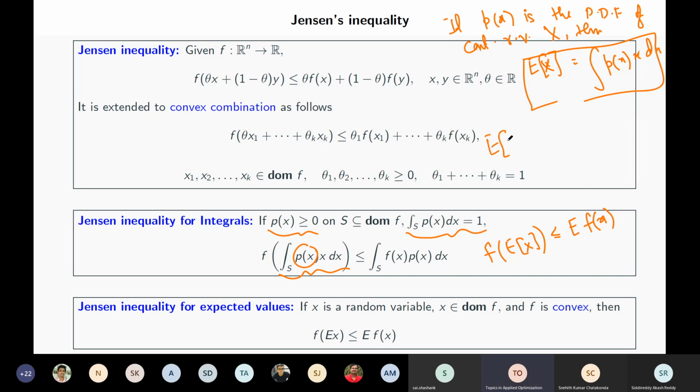Expectation of a function of a random variable is defined as the integral of f(x) times the PDF of x, which is p(x), dx. This is what we have written here. So we can interpret this inequality if x is a random variable, and this is how Jensen's inequality looks if x happens to be a random variable.